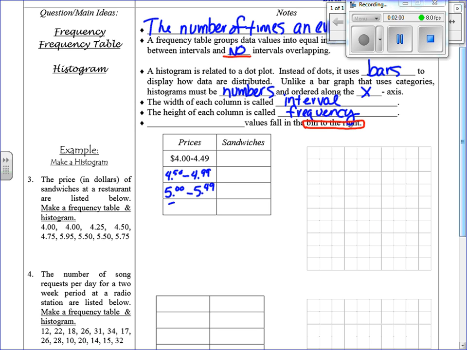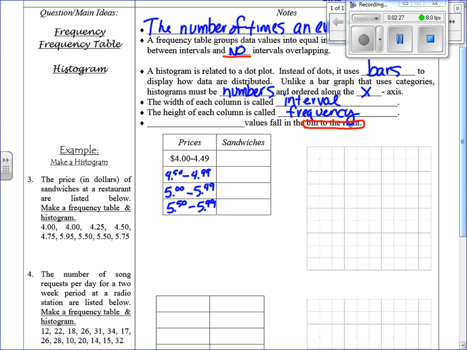And then 550 to 599. All right. Now it's really easy to want to say 450 to 5 to 549, but we can't do that. Otherwise, our intervals are overlapping, and that's one of our rules. They cannot overlap.